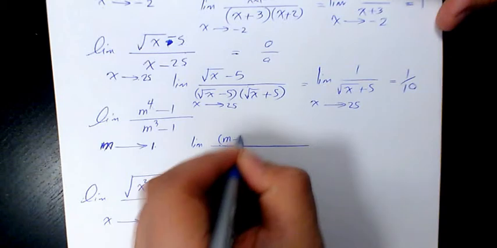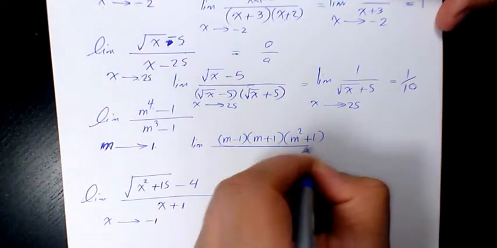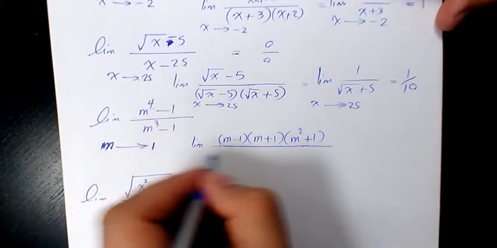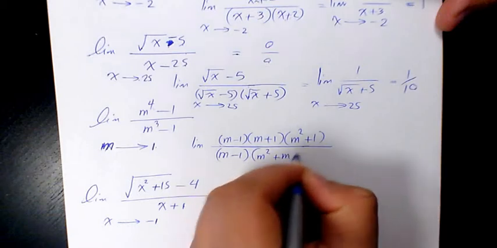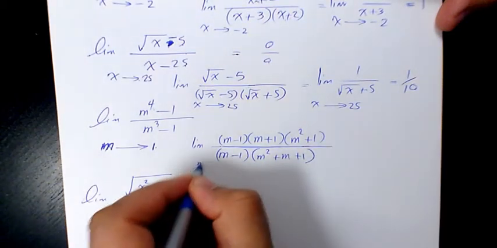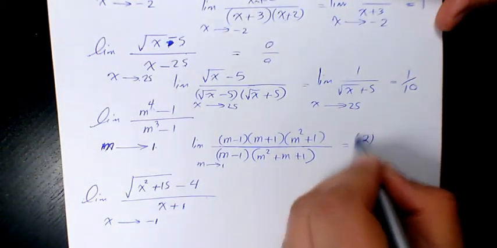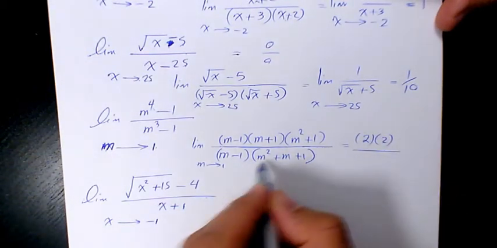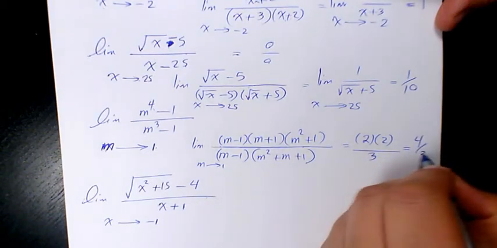So it's going to be (m minus 1)(m plus 1)(m squared plus 1) over (m cubed minus 1), which is going to be (m minus 1)(m squared plus m plus 1). These two cancel out. It's going to be 2 times 2 over 1 plus 1 plus 1, which is 3. So 4 over 3.